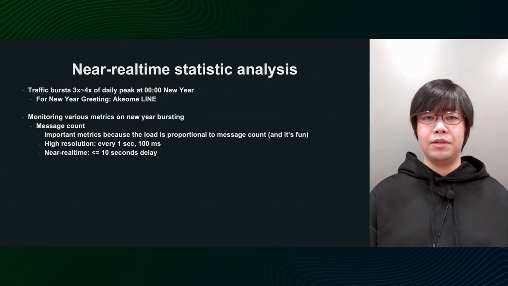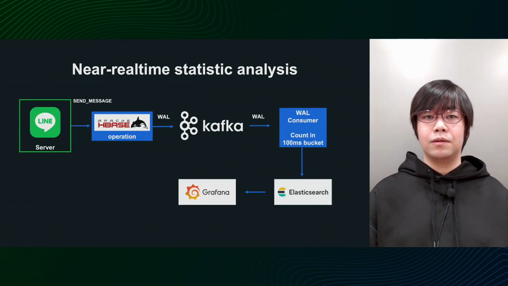Therefore, there is a need to monitor the message count at a very high resolution and in near real time. Very high resolution refers to a time range such as every second or every 100 milliseconds. And near real time means that we can observe these accurate metrics within a delay of a few seconds.